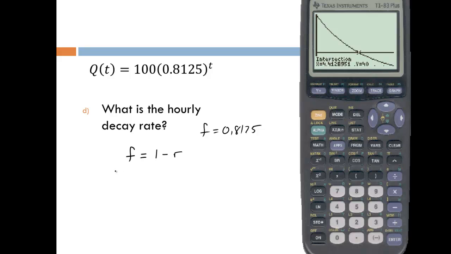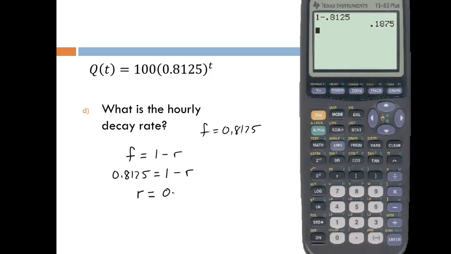We know the factor is 0.8125, which will then be equal to 1 minus r. And if we solve this for r, we'll get that r equals 0.1875, which again, if we convert this to a percentage, this would be 18.75%.